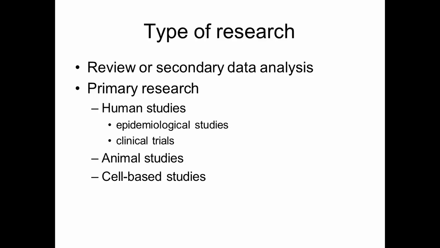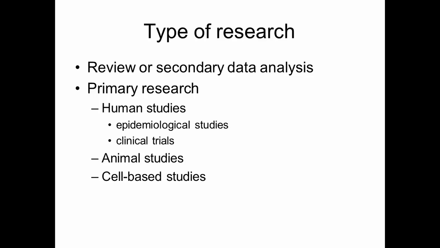All right. So, type of research. Basically, review or secondary analysis. The review article is one type of research where the authors do not actually perform the experiment themselves, but rather just collect information from the literature, from experiments that other people have done, right? So a review article is one type of research you will find in the literature.